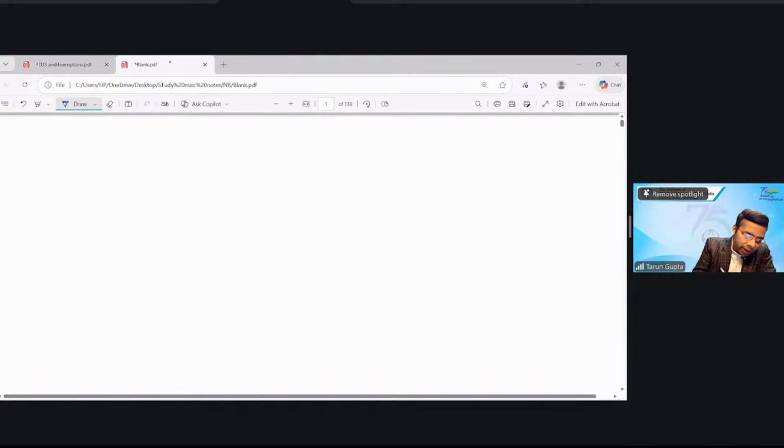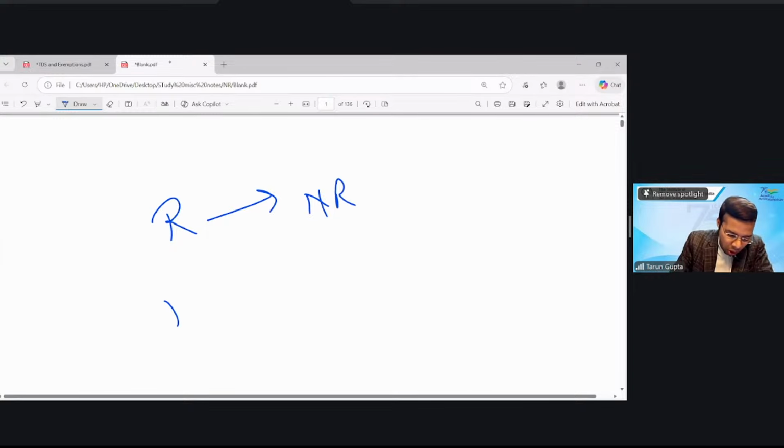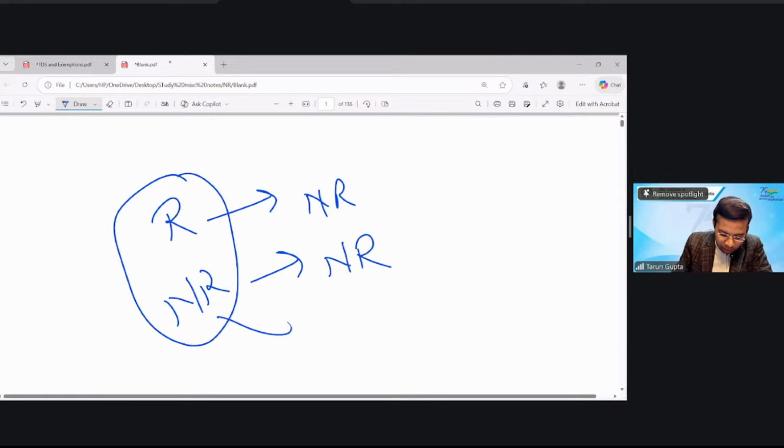So a resident making payment to a non-resident or a non-resident making any payment to a non-resident, in both these cases, these persons are required to withhold tax, to deduct TDS. So this gives a weird, illogical conclusion.